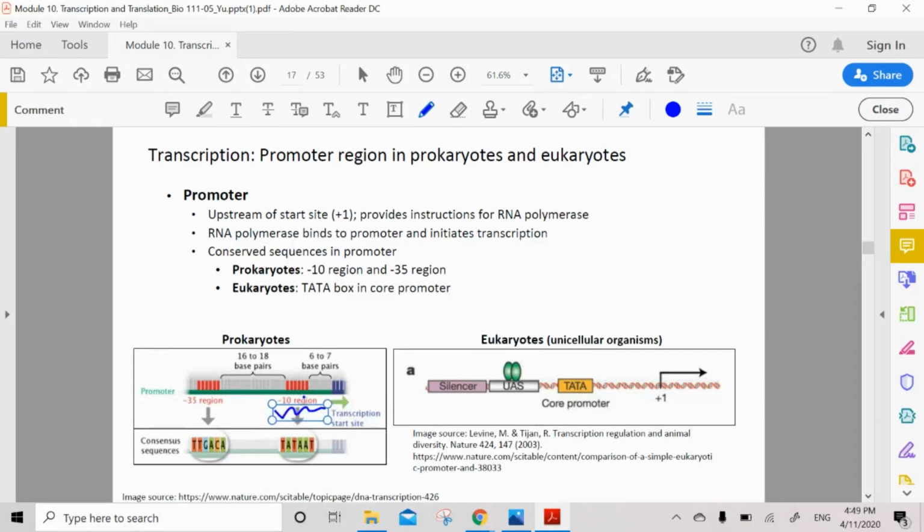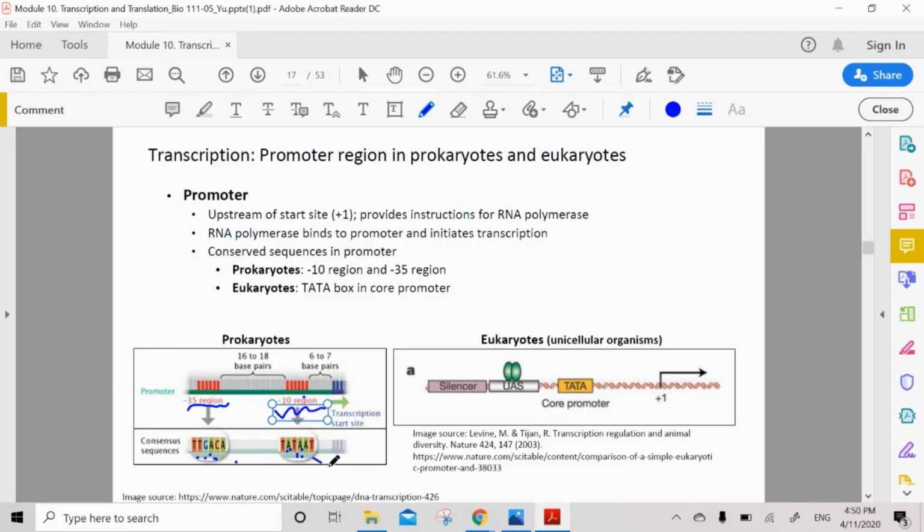Remember -10: you count 10 nucleotides away from the plus one nucleotide, going upstream, so that's the -10 region. And there's also a -35 region. Both regions, especially the -10, are very rich in T's and A's. At -35 there are also A's and T's, but this time you may have some C's and G's. Again, these two sequences can vary a little between different prokaryotes, like between different bacteria.